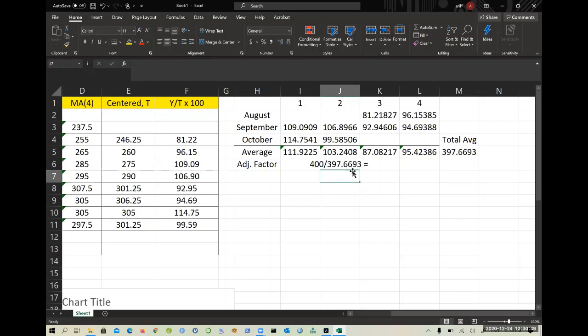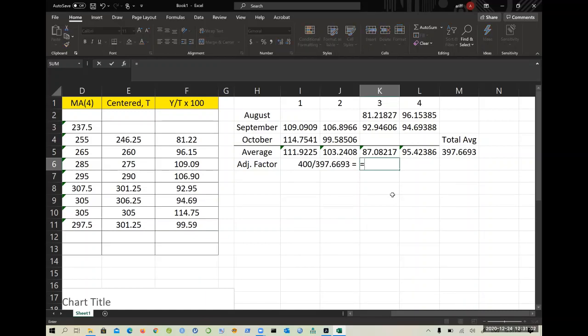Okay, so ini yang kita nak. So take the adjustment factor. Calculating this one, you should get 1.005861. Okay, boleh follow? So you akan dapat yang ni.